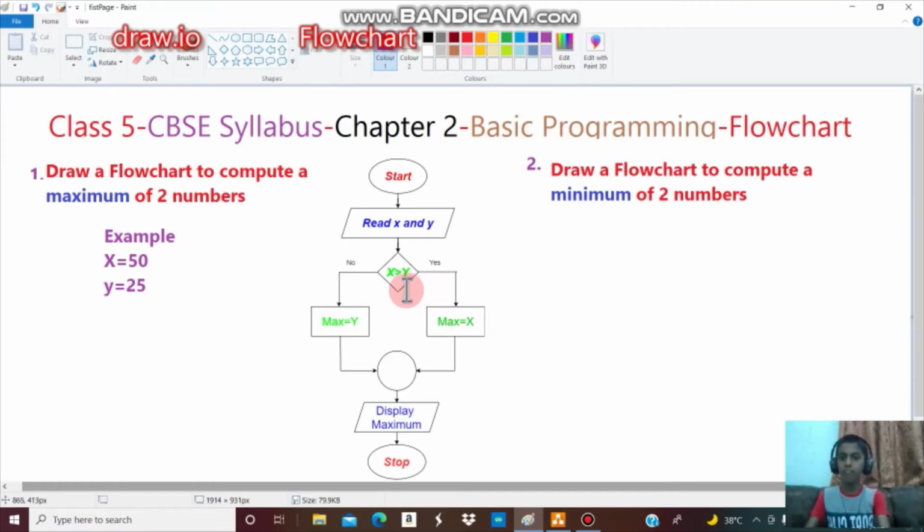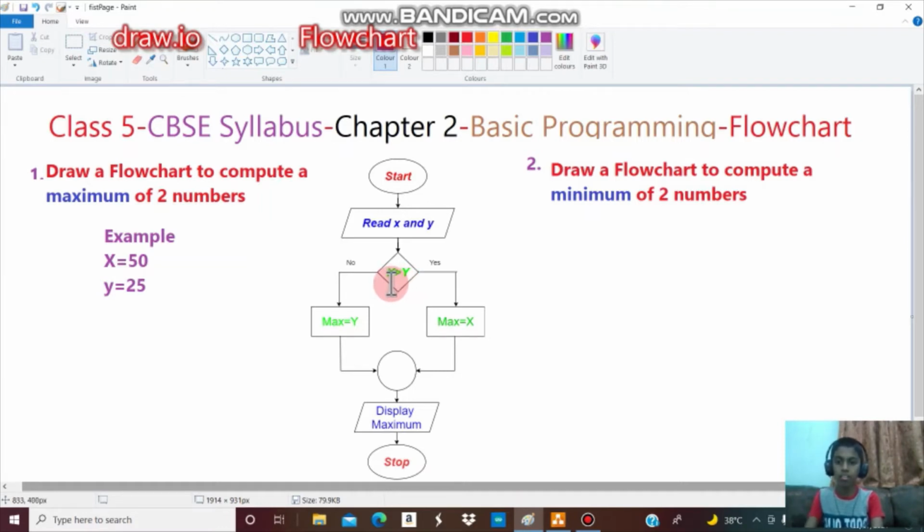In this decision box, you can see X and a greater than symbol and a Y. So that means X is greater than Y. That's what is written here.